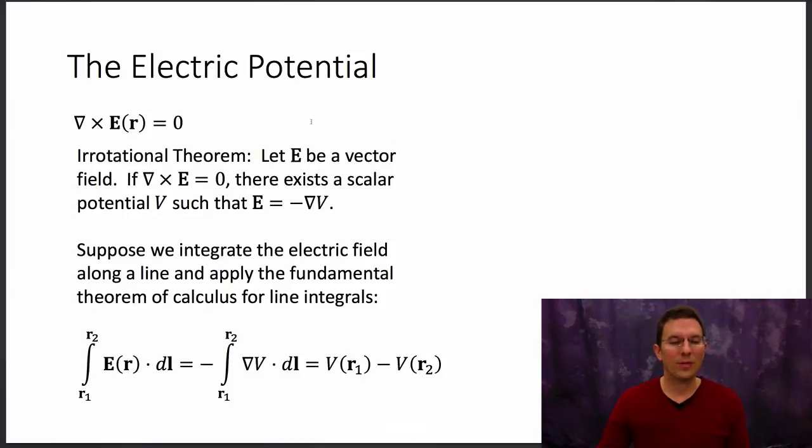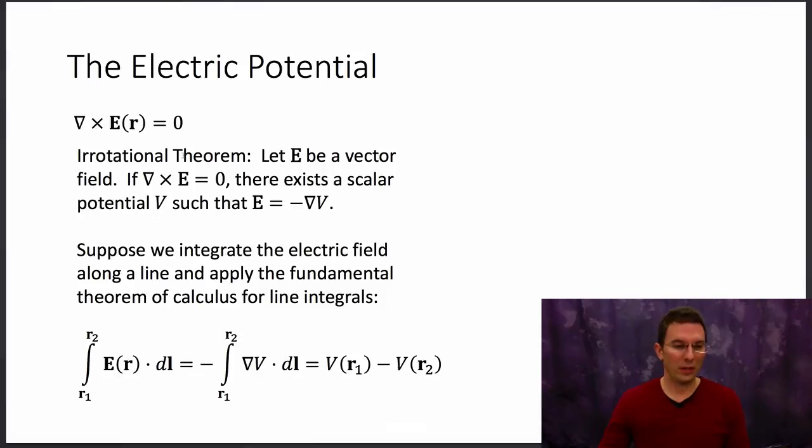How can we take advantage of the fact that the curl of the electric field is equal to 0? If you recall the irrotational theorem, we're going to be applying that in this case. It says essentially that, let E be a vector field, in other words, let the electric field be a vector field.